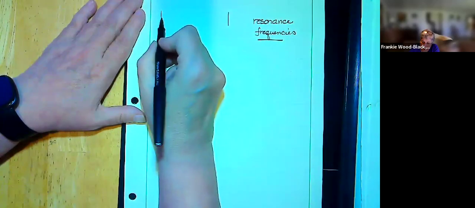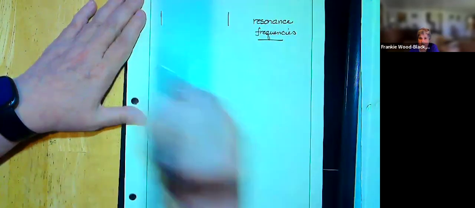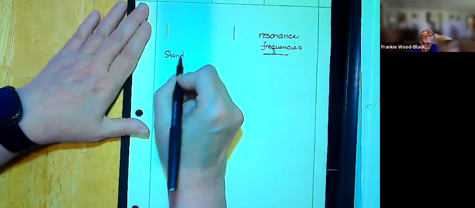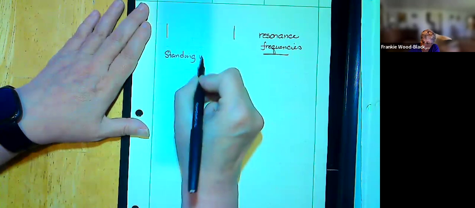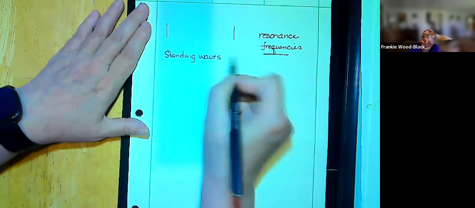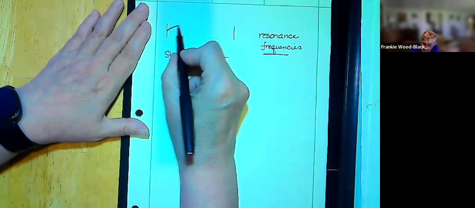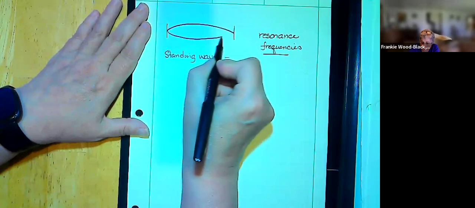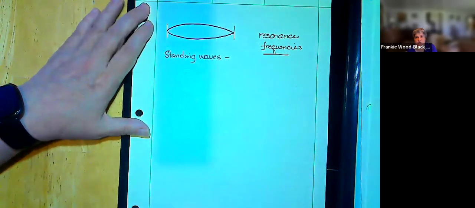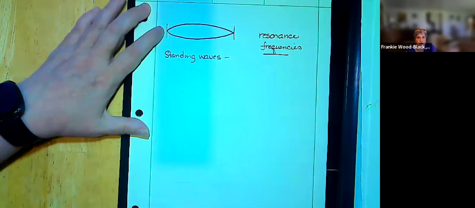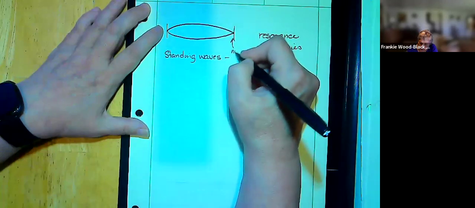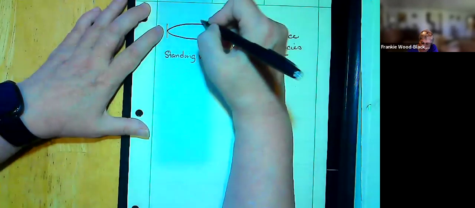Okay. If I have a string here, we can create what we call standing waves. And if I do that, my standing wave, we've seen them before. My string will vibrate, and I'll get a standing wave that looks like this. This is called a node, and this is called an antinode.